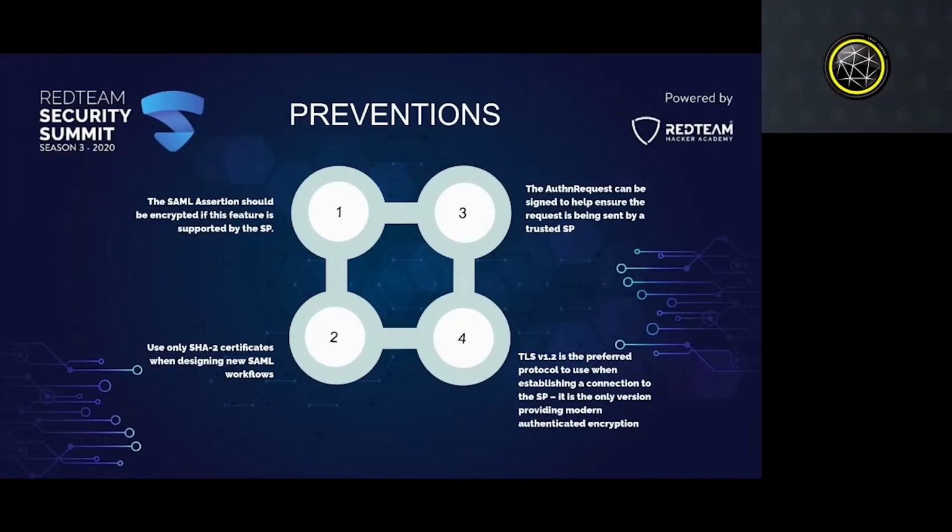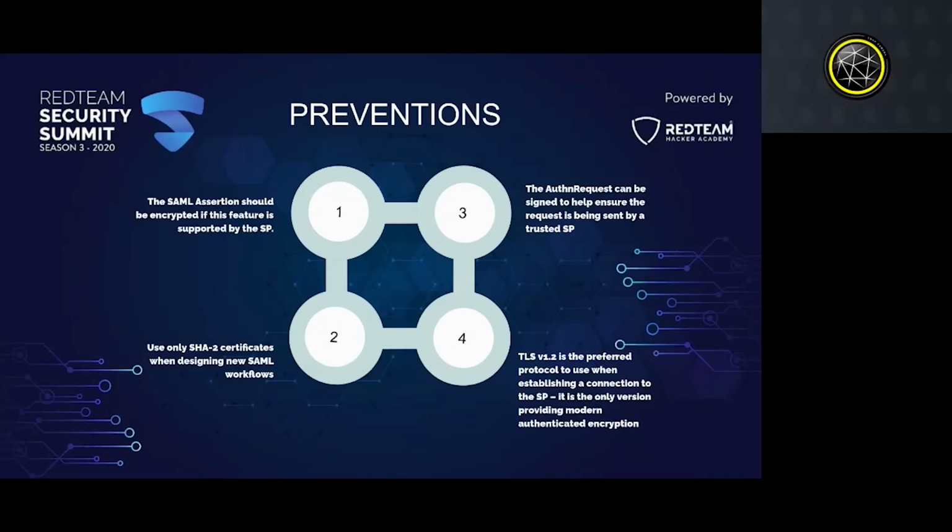So if the service provider, for suppose here Dell or some other service provider, supports the encryption feature, they use encryption to encrypt that SAML response, so that even if a person intercepts the request, he needs the encryption key to decrypt it. Only then will he be able to tamper with the request.